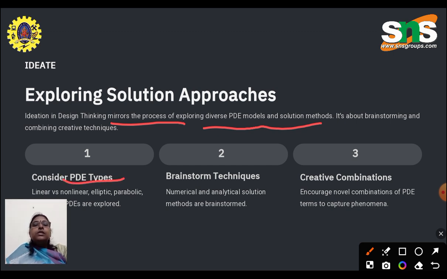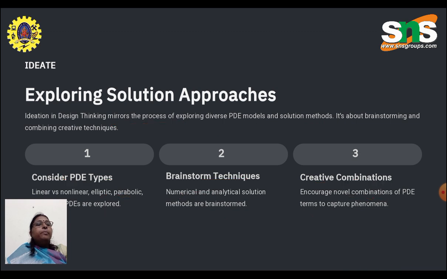First, considering the PDE types, linear or non-linear, elliptic, hyperbolic, parabolic, which we can explore. Second is brainstorm techniques, where we recall numerical or analytical solution methods. Then creative combinations, encouraging novel combinations of PDE terms to capture the phenomena.